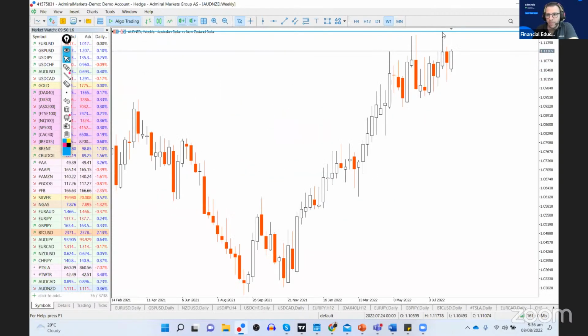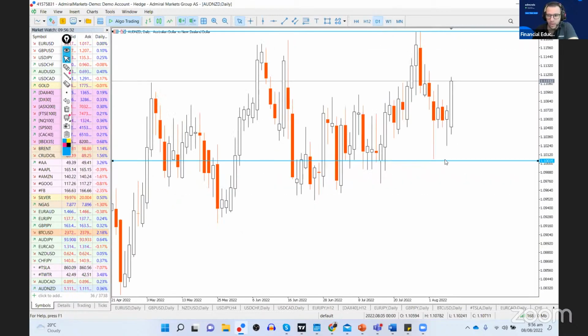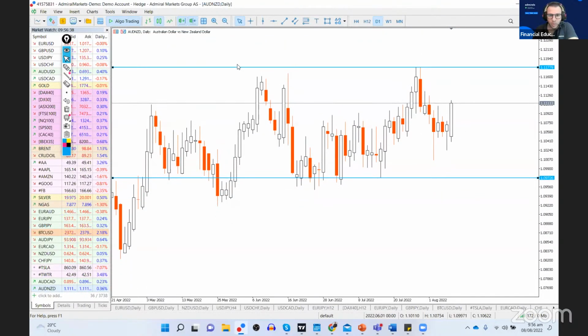So we have this resistance here, we have this support. However, you can see that this market doesn't make a clear move to give a clear direction. It's just moving sideways within this large range. So on the daily charts, we can see that this market is just moving within this range.